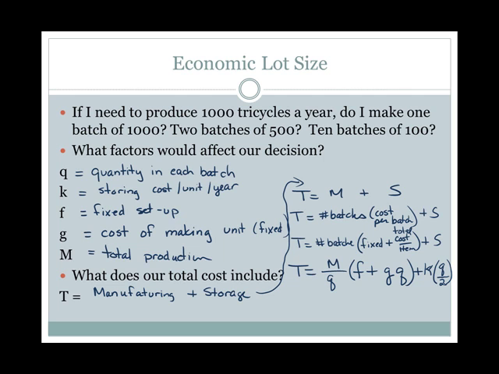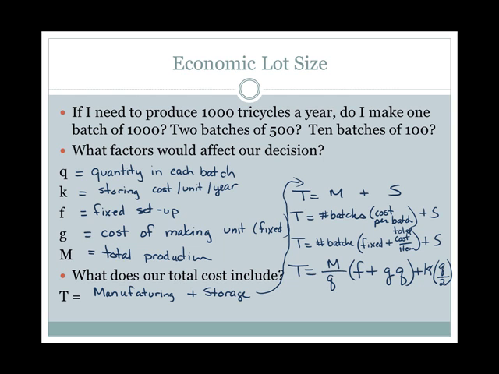And so in fact, you don't need storage space for 1,000 because you are not producing all 1,000 at once. And so you can kind of share that space. I know that's not a great explanation. It's a little confusing, but I do encourage you to read about it a little bit in your book on how they justify that dividing by 2 is you only need half the storage spaces for your total quantity because you're not storing them all for the whole year. So that represents our total manufacturing.